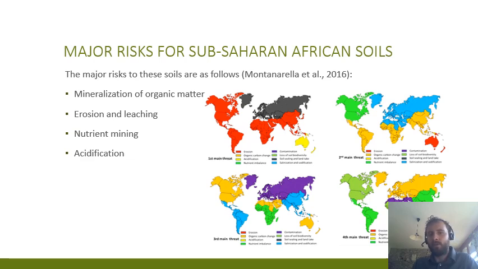So the risk of nutrient mining: farmers that plant crops and do not fertilize them enough, so that the nutrients get taken out of the soil. And finally, acidification of the soils. So these are the main threats that are identified for sub-Saharan African soils.